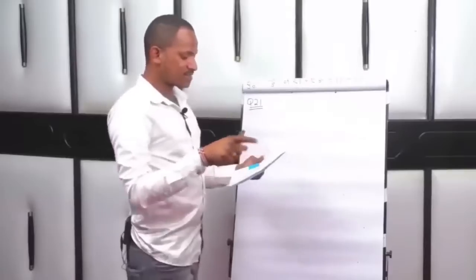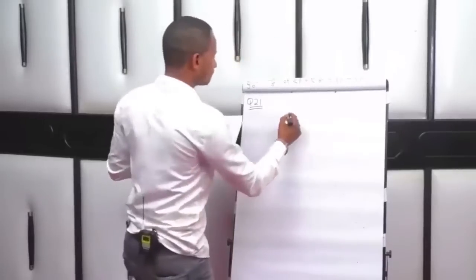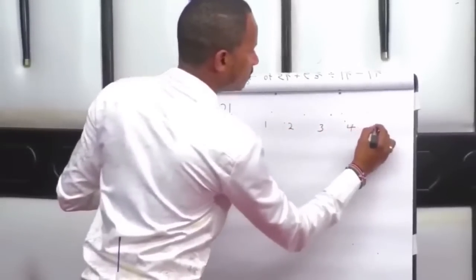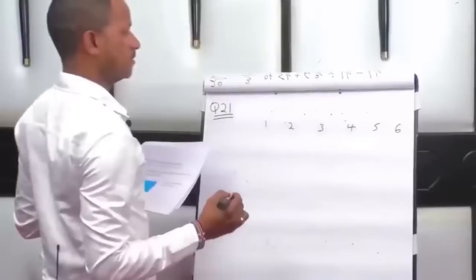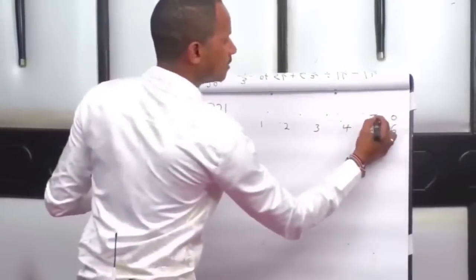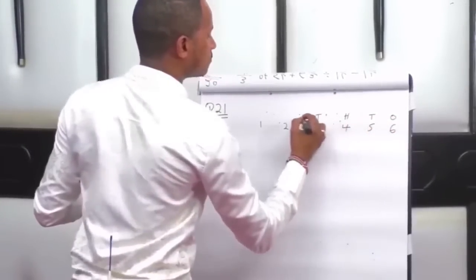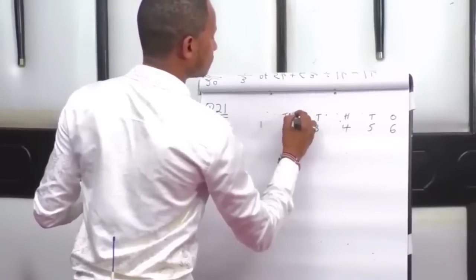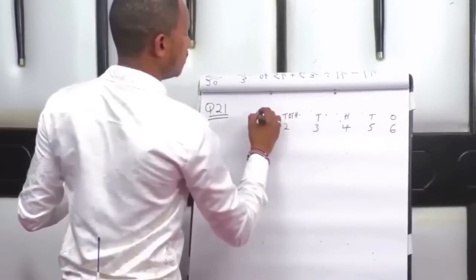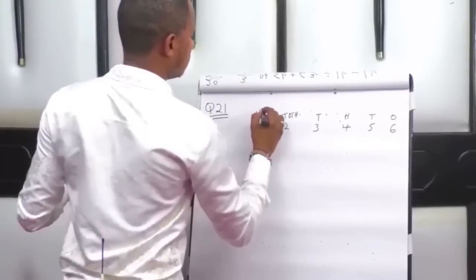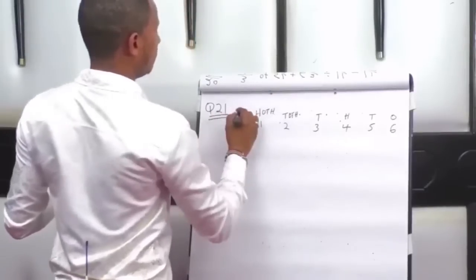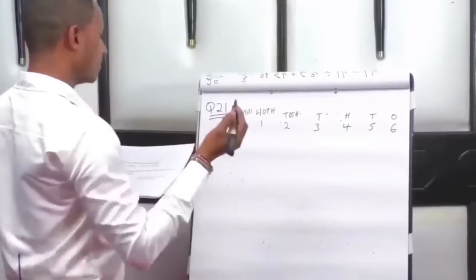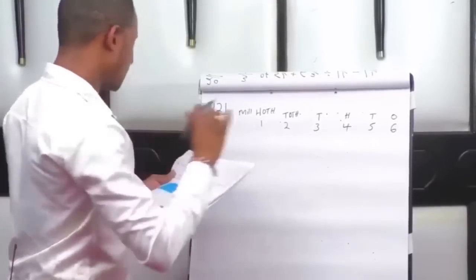But because all the numbers have 6 digits, just create 6 columns: ones, tens, hundreds, thousands, tens of thousands, hundreds of thousands. Okay?